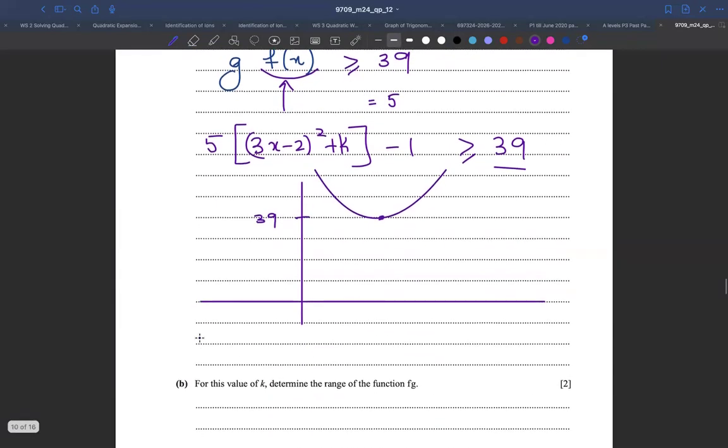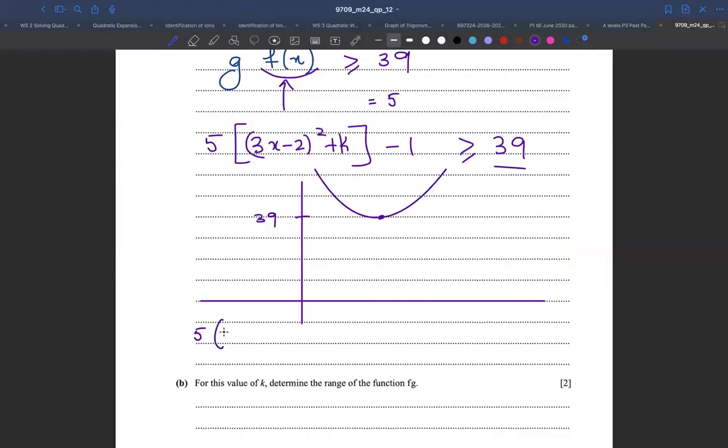5(3x minus 2) whole squared plus 5k, it becomes 5k, right? If I open the bracket, it is 5k minus 1 is greater than or equal to 39. Now I know from this that k, this value, is 39. टर्निंग पॉइंट आ रही है ना?